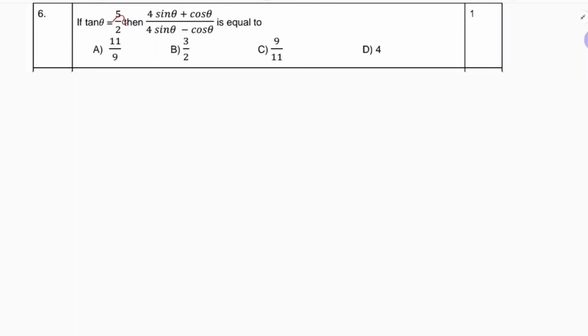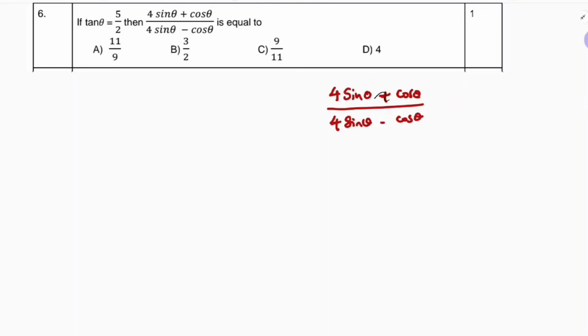If tan theta equals 5 by 2, then find 4 sin theta plus cos theta by 4 sin theta minus cos theta. See this type of questions, here what I'll do, I'll change this totally to sin and cos.